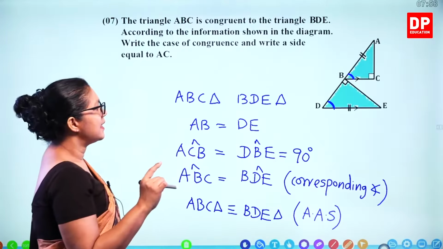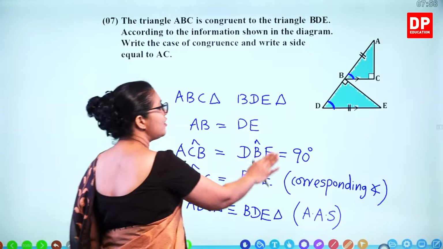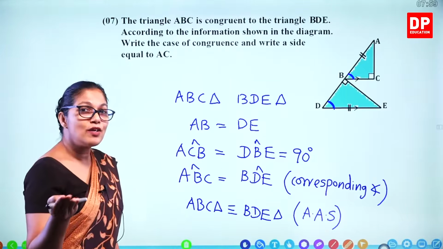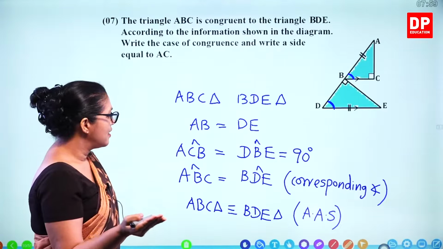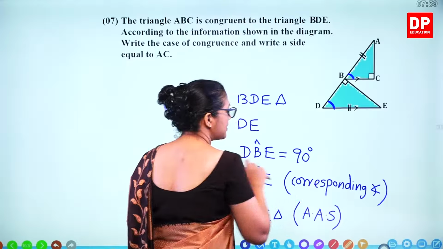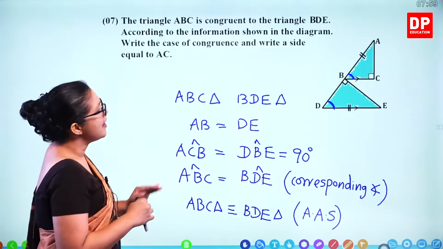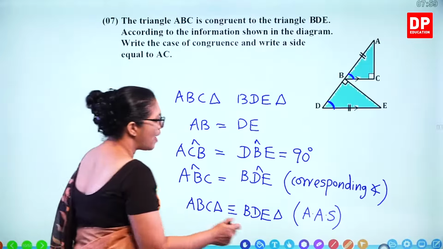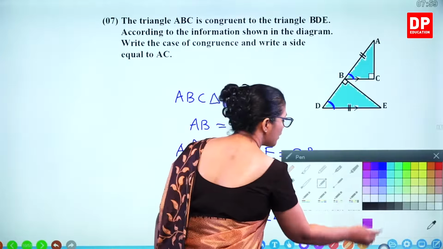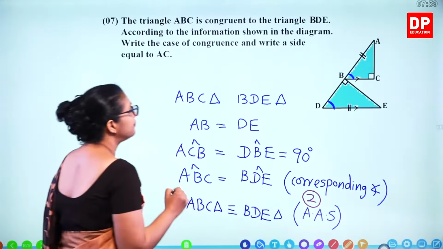Angle, angle, side. So here you don't need to write all these because you are getting only 2 marks. So they are looking at the correct case. Angle, angle, side. So this is for your information. I wrote everything. So 2 marks for the congruency.